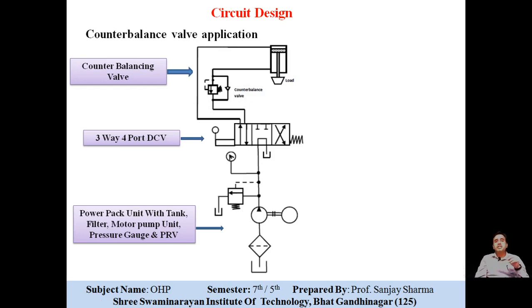So this is the condition of loading. Now during unloading there is no requirement of any counter pressure control valve in the B port. For example, let us consider this is A port and this is B port. So here it is not required.